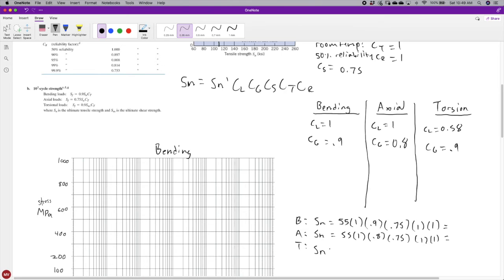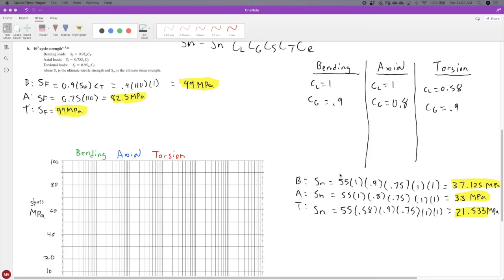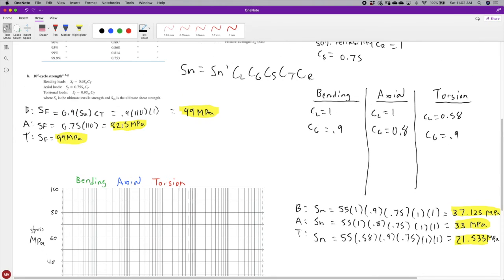And you follow these exact same steps for torsion using its correction factors and the same SN prime. Once we calculated it, our endurance limit values were 37.125 megapascals for bending, 33 megapascals for axial loading, and 21.533 megapascals for torsion. Now we need to calculate our fatigue strength.